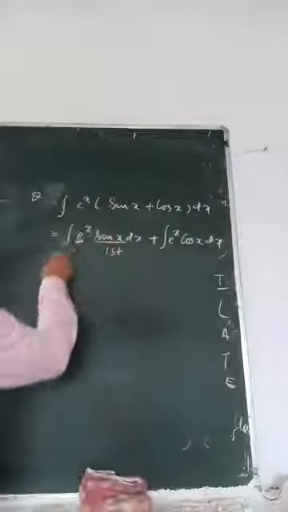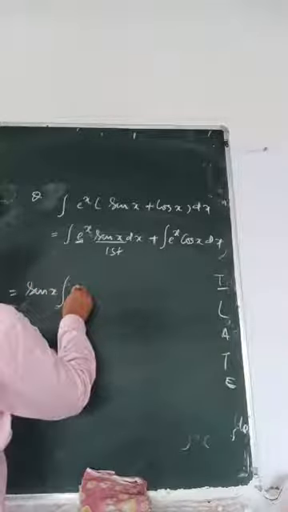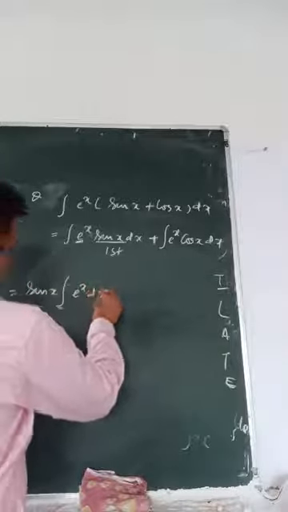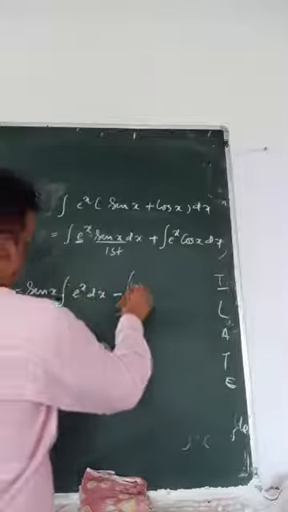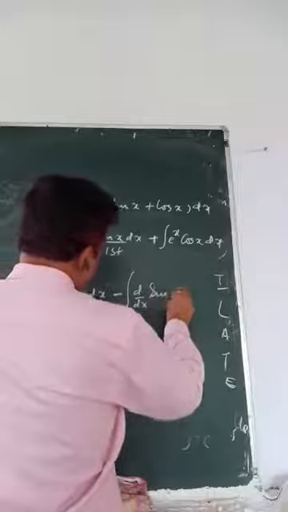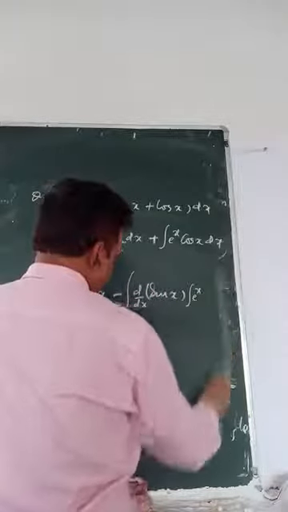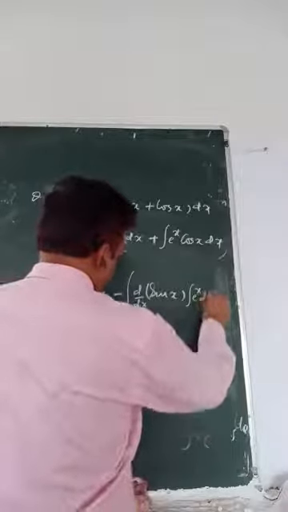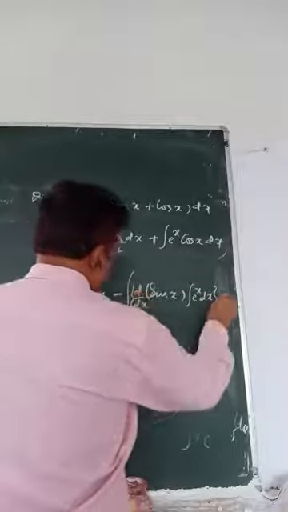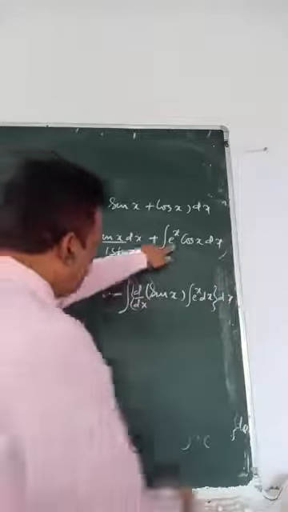So if I integrate this first function, integration of second minus integration of derivative of first, integration of second. This is answer for what? This part. This you keep like this.